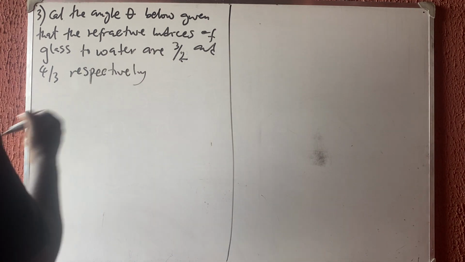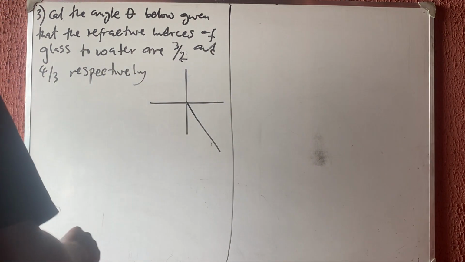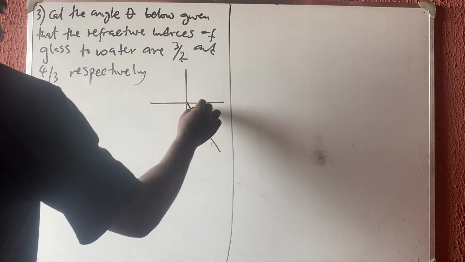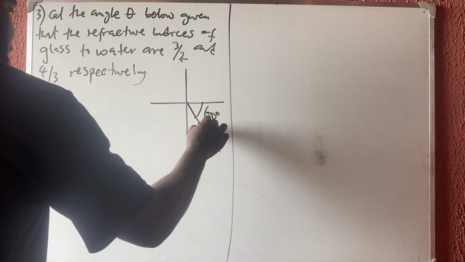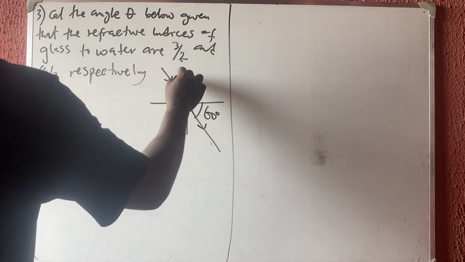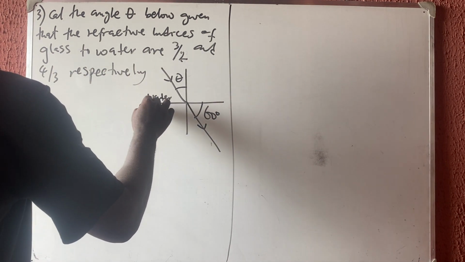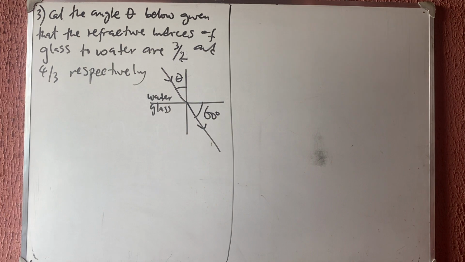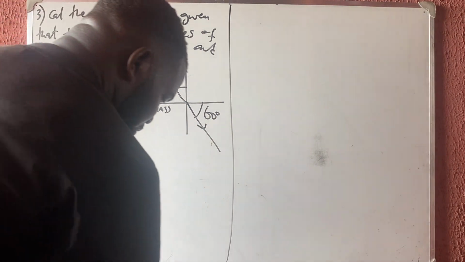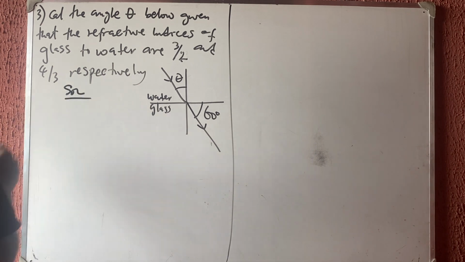Let me draw it first. The diagram they gave us is this way. Here is 60 degrees, and this is going this way, and then here is the theta they say we should calculate, and here is water and here is glass.